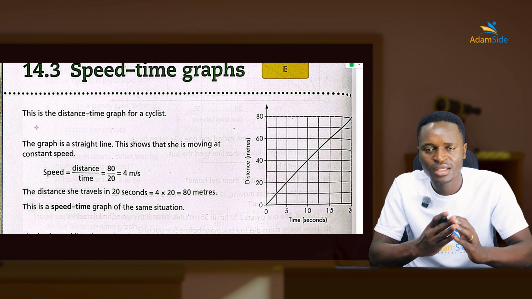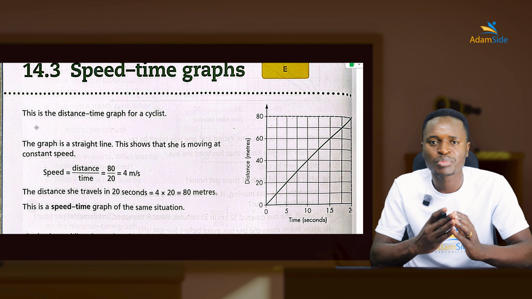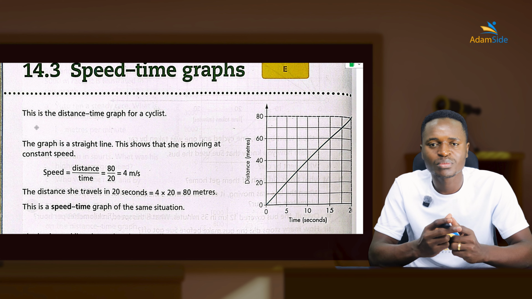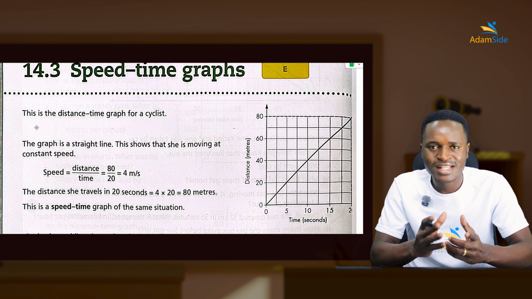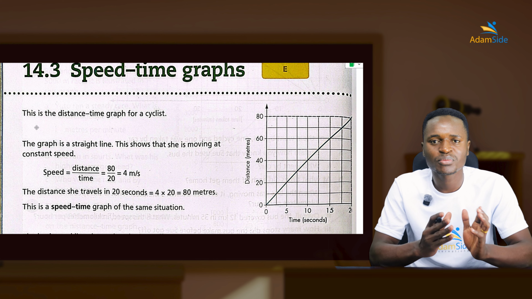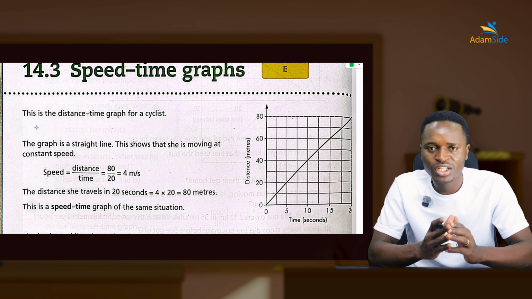Like, let's say teacher Adam is moving from his house going to a specific town, maybe Msasani. Then Mr. Adam will rest there in Msasani without moving, maybe talking to his friends for about an hour, and later he will go to visit his friend in Masaki. Maybe the distance from Msasani to Masaki is about 5 kilometers.